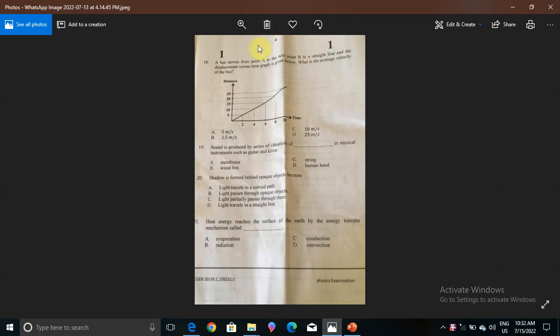In question number 18, it says a bus moves from point A to the next point P in a straight line and the displacement versus time graph is given below. What is the average velocity of the path? So that means we are going to find the average velocity for question number 18.